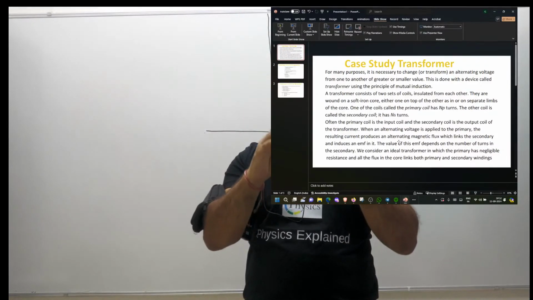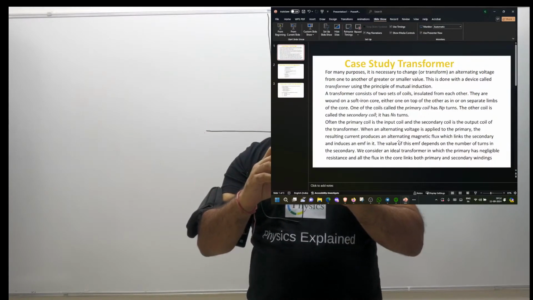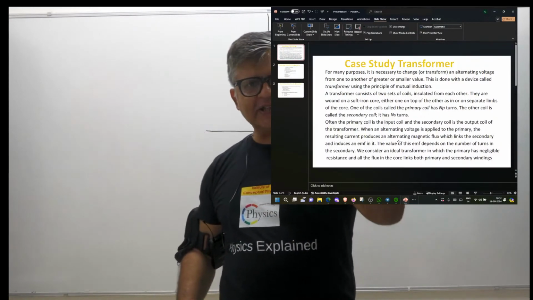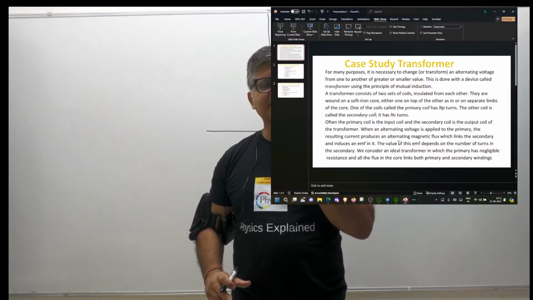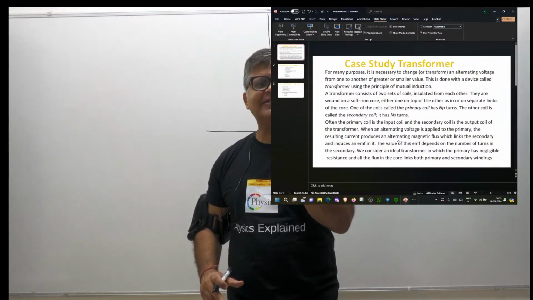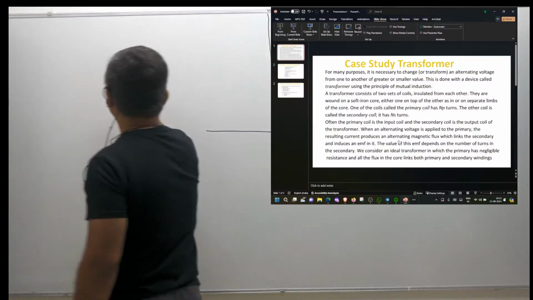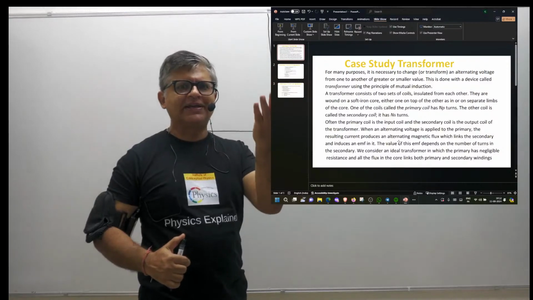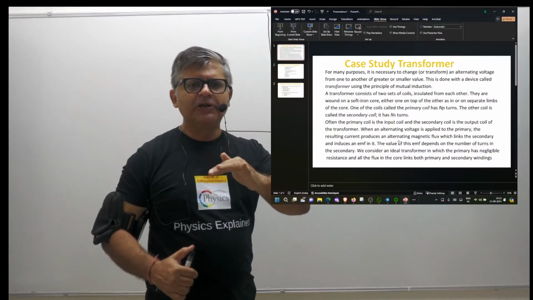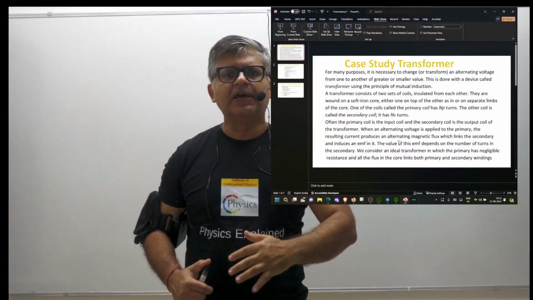Power is V into I. I increase the voltage of the power, which means I'm reducing the current. The reason is I want to reduce the I square R losses. So one of the important purposes of increasing the voltage is being able to transmit the power economically.